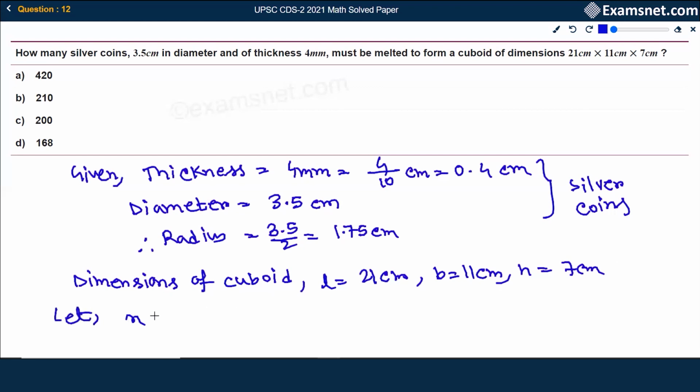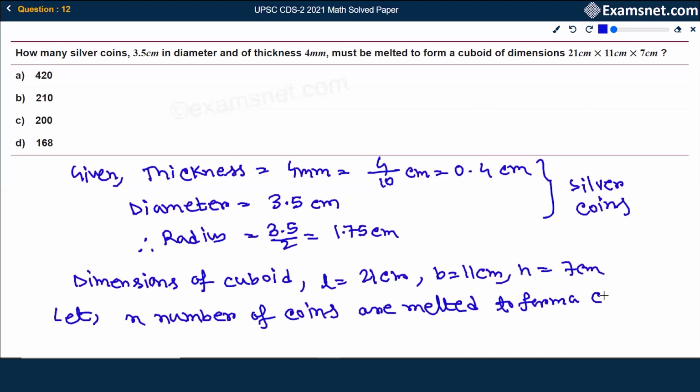Let n number of coins be melted to form a cuboid. So what will happen?